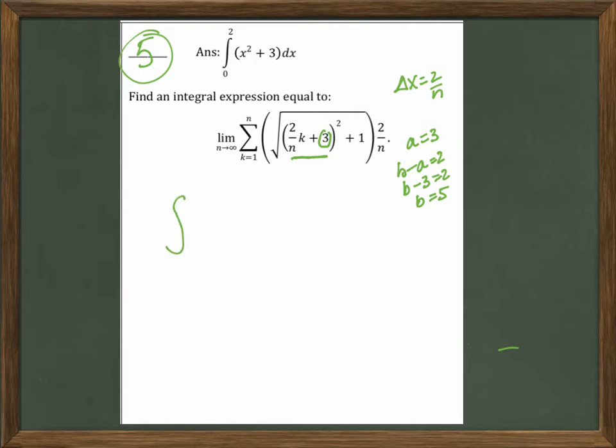So I already know my integral is from a, which is 3, to b, which is 5. And this is my xk term. So you can tell it's squared and then added 1. So this is x squared plus 1 dx.